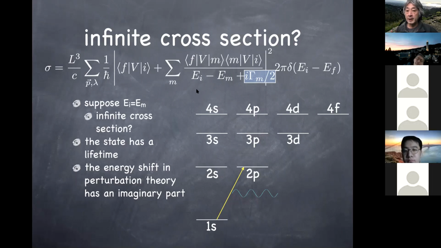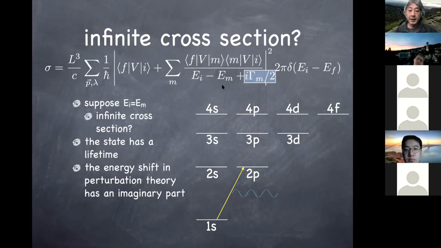Everything is regular, so dropping i epsilon is totally justified. So i epsilon indeed was a mathematical trick to regulate, namely to make the integral finite, but I don't need that regulator anymore once I know that the energy has this imaginary part. It's a complex energy instead, and the cross-section remains finite even when you hit exactly the right energy to excite the atom.